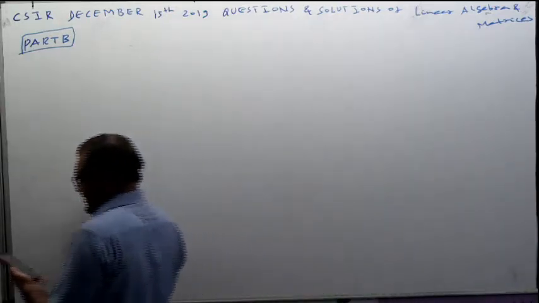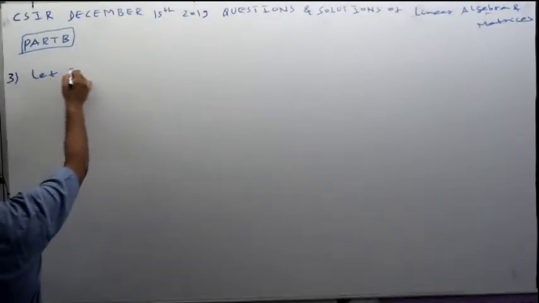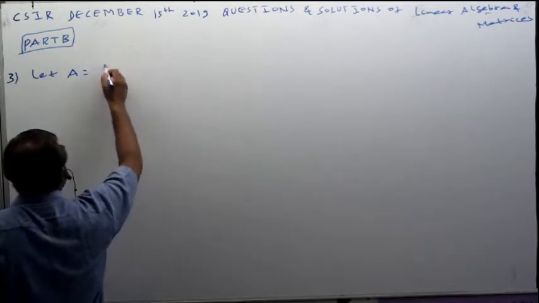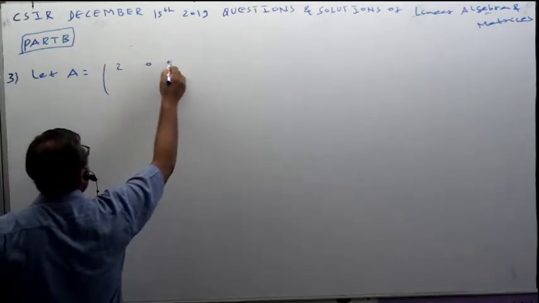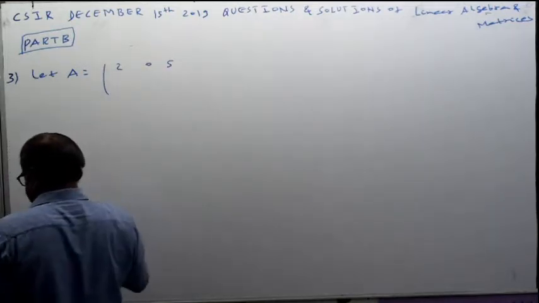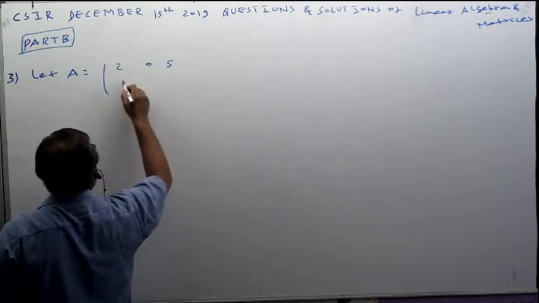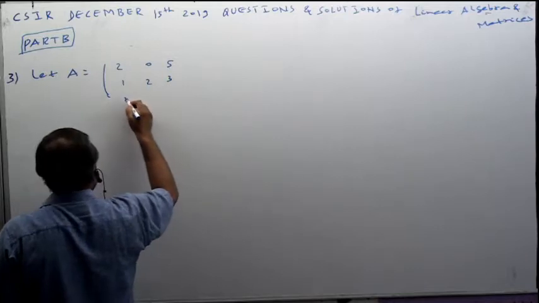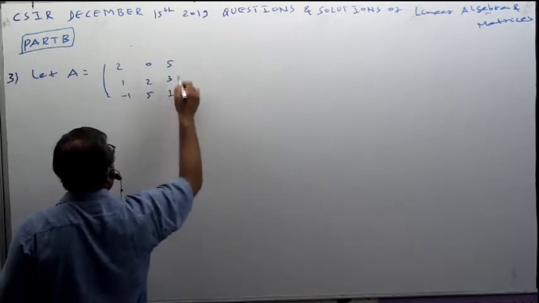Question number 3. Let A equals to [2 0 5; 1 2 3; -1 5 1].